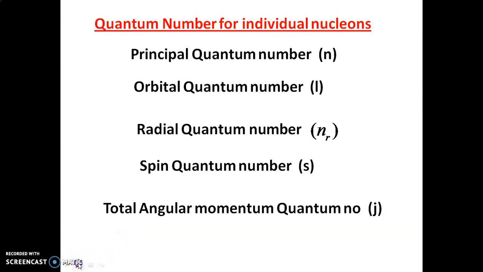Associated with this l we also have ml, and associated with s we have ms. So these are not much different from the quantum numbers of an electron in the atomic case.